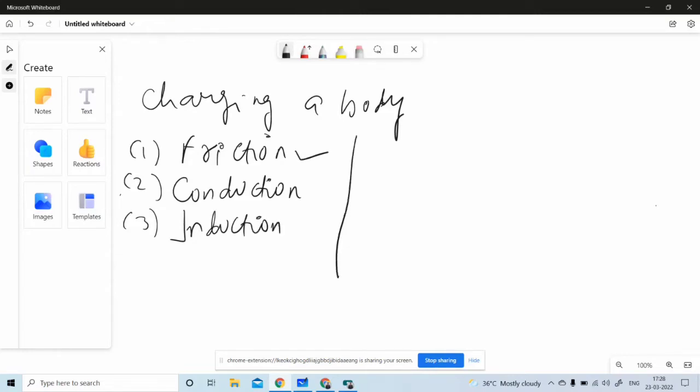Friction, that means when two woolen jackets touch each other, a charge will be transferred from one body to another. That is again charging by friction. When you are rubbing a piece of paper with dry hair, and then you are placing it closer to bits of paper, then again the bits of paper are found to be attracted.